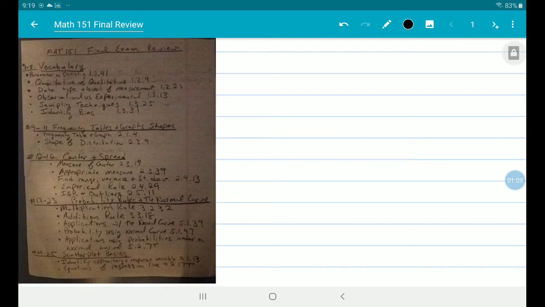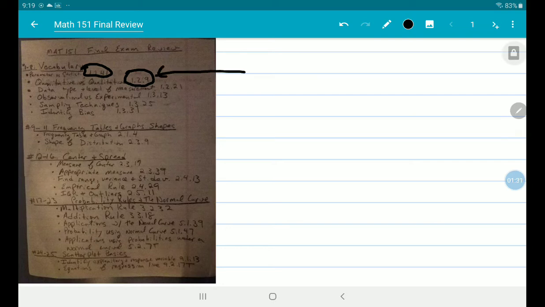In this study guide that you have over here on the left-hand side, I have the topics listed out for you, but I also have this numbering system here, and you can see that I circled it.